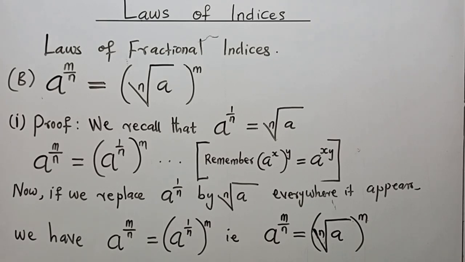If you have forgotten, please make reference to this law. You will recall that a to the power x all to the power y will give us a to the power xy. What it means is that this times this will still give us this m over this n. Please confirm that this times this, that is this x times this y, is xy.